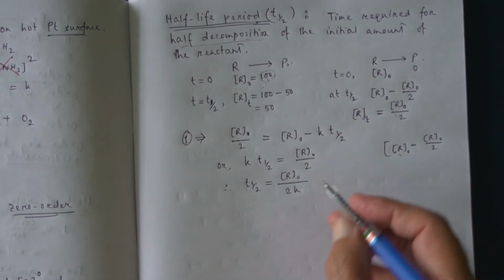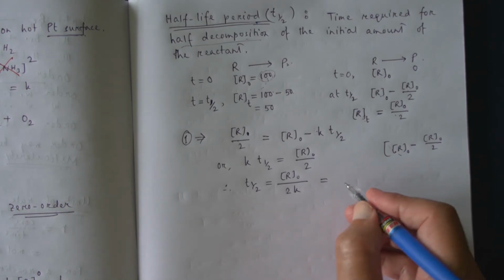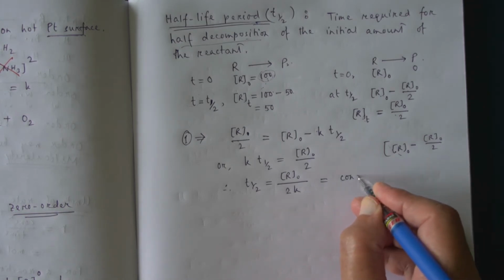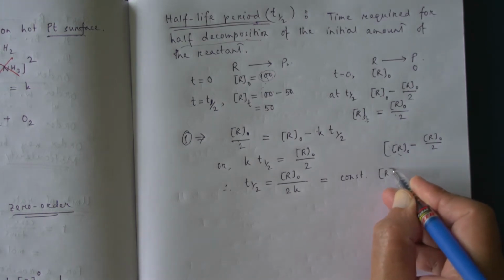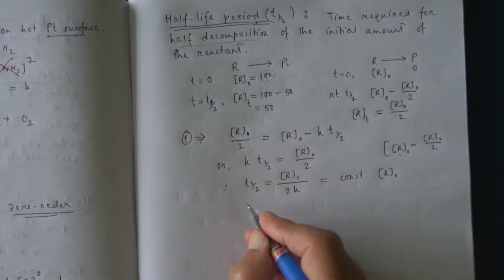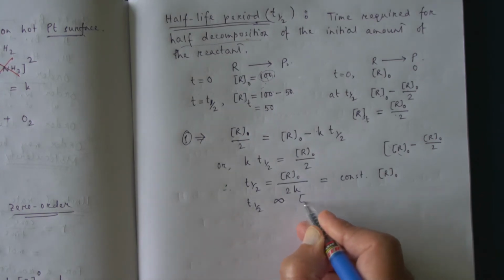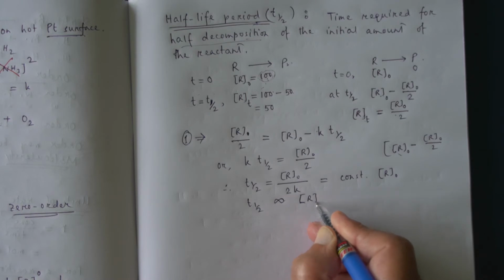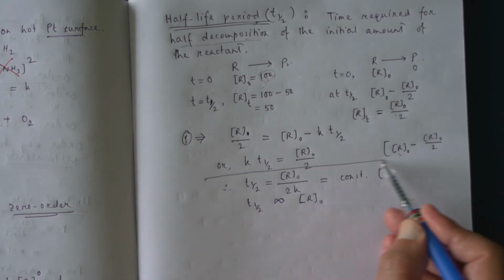Now K is constant, so what we can write, constant into R naught. That means T half is proportional to R naught. Okay, so we get this.